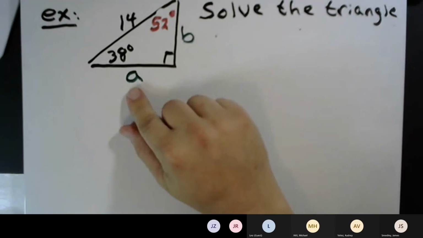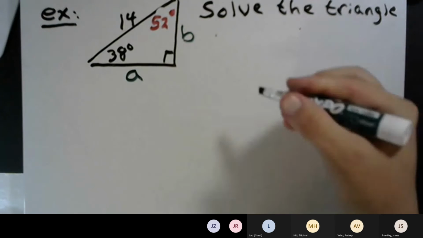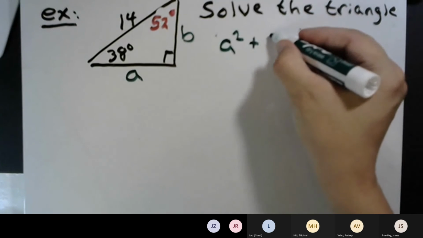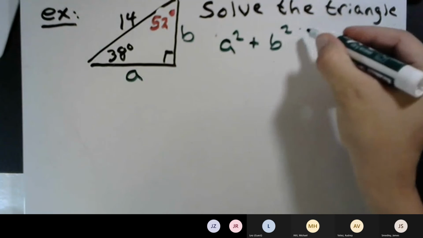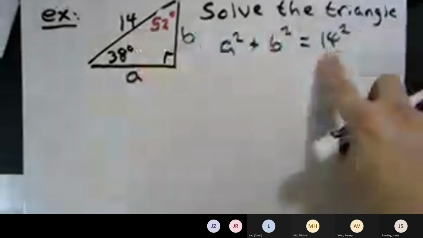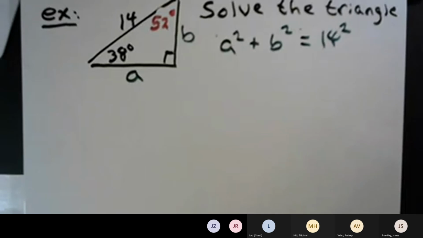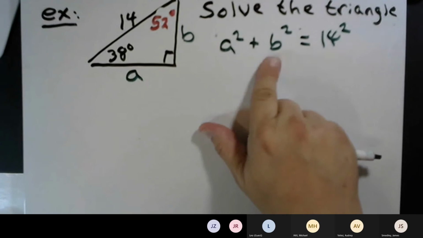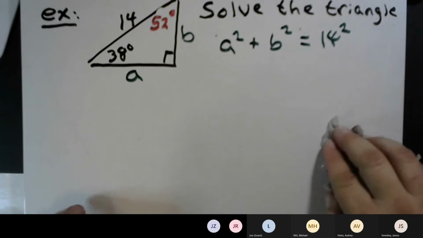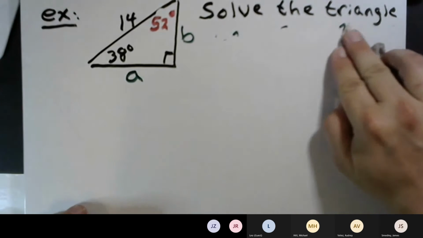But we would need to know one of these, because if we tried to do Pythagorean theorem now, A squared plus B squared would be 14 squared. Again, the hypotenuse here is always on the end of the Pythagorean theorem. But we've got two unknowns instead of one. So we can't solve and get a number for A or B.